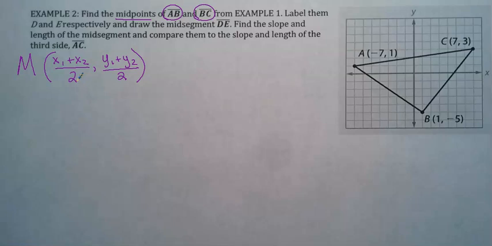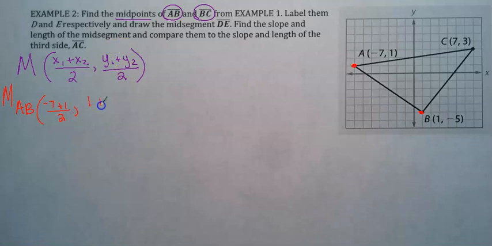So let's do it for AB. We've got -7, 1, and 1, -5. So the midpoint, capital M, of AB. We're taking our x values, those are the first ones. So -7 plus 1 divided by 2, comma. Now we need the y values.